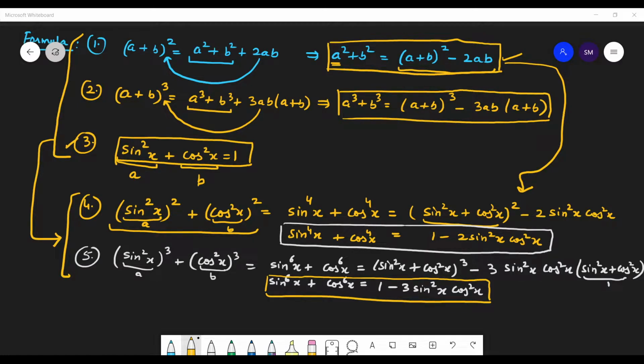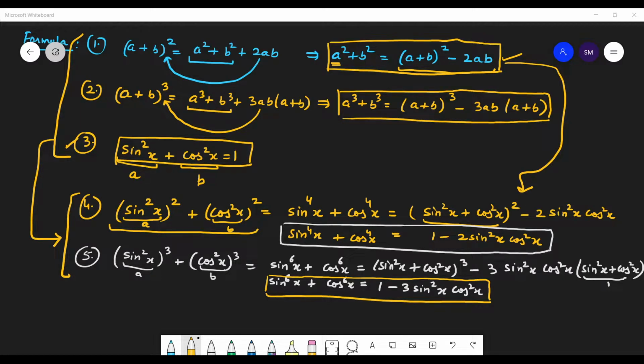So minus 3ab into a plus b. So minus 3, what is your a? Sine square x. What is your b? Cos square x, into a plus b, so sine square x plus cos square x. Agreed, students? Yes. So what will this be equal to now?